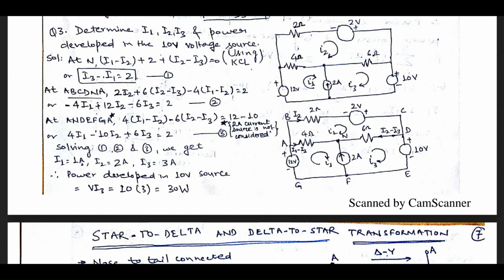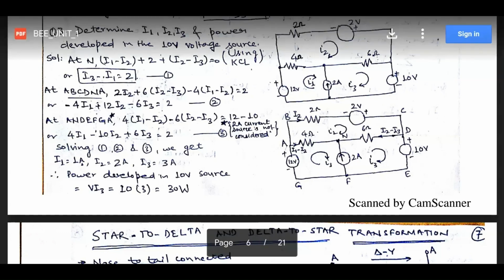So I1 minus I2, and first of all, we will also assign the clockwise direction of the current in the loops. Then at node N, what is happening?